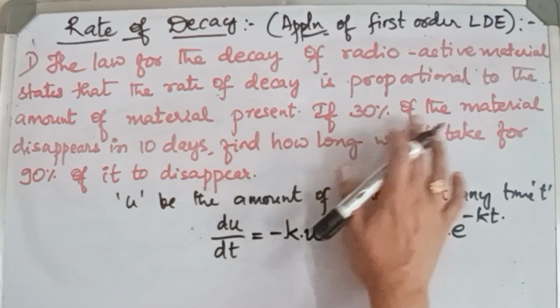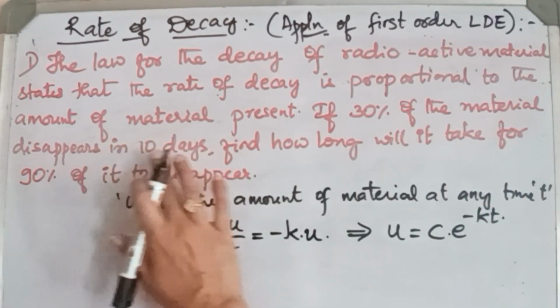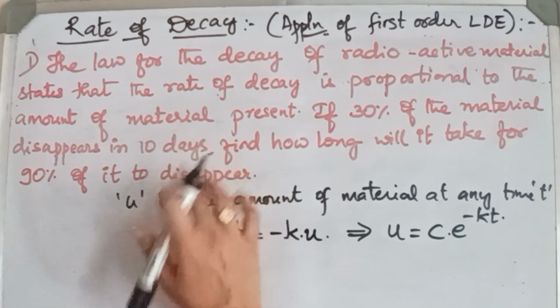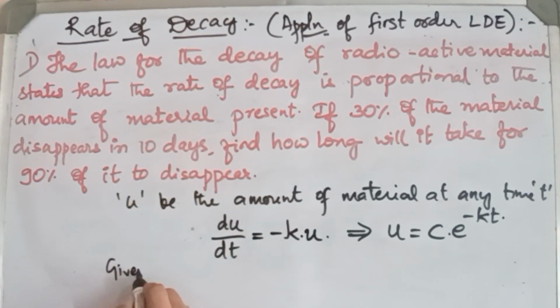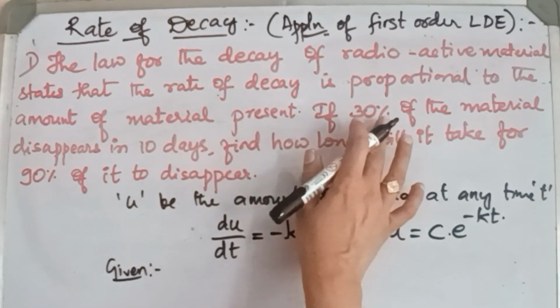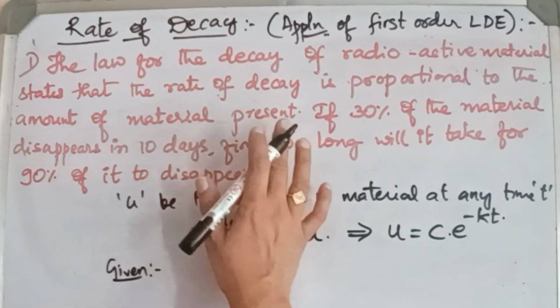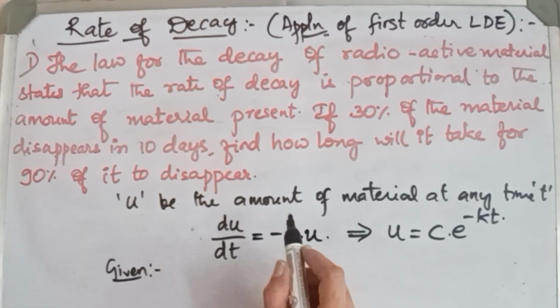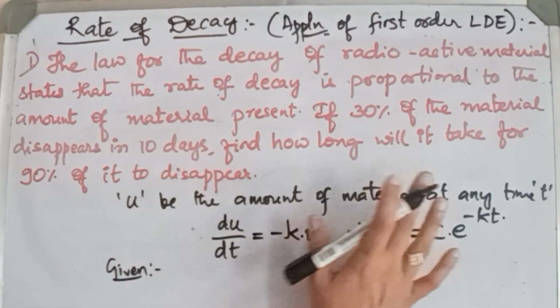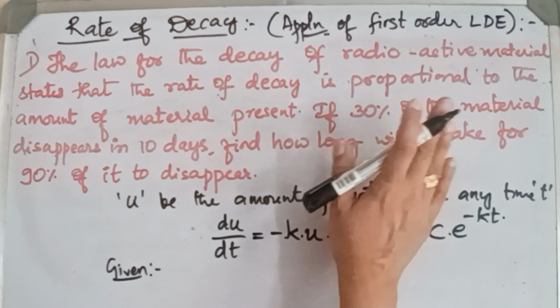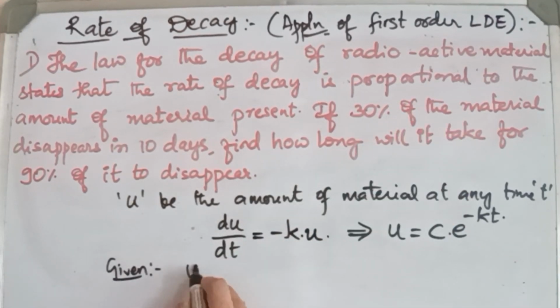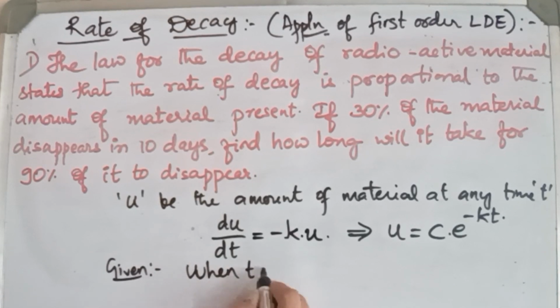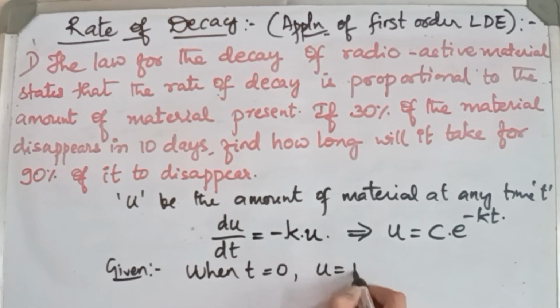If 30% of the material disappears in 10 days, this is given. So here given 30% of the material disappears in 10 days. So initial material present at the time t equal to 0, I can take it as 100 because it is given in terms of percent. So I will take the initial material when t equal to 0, u equal to 100.